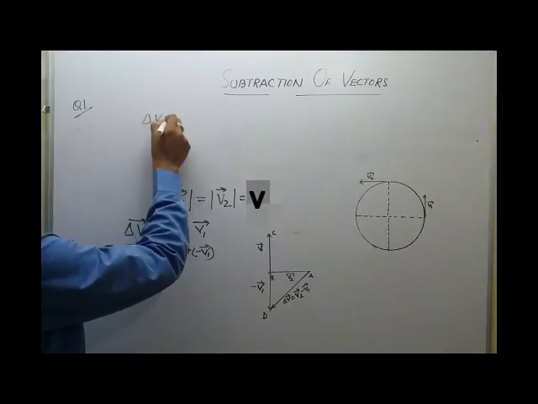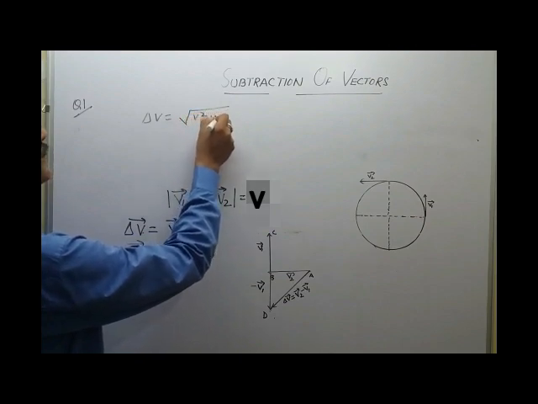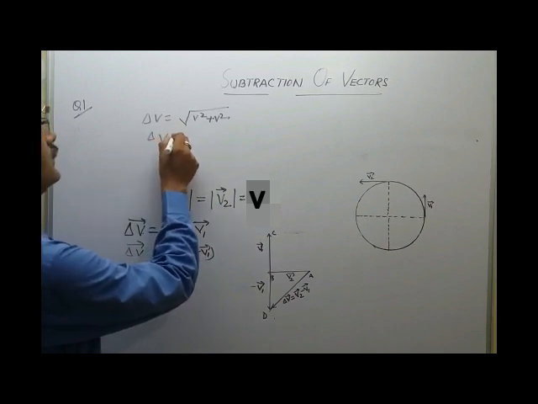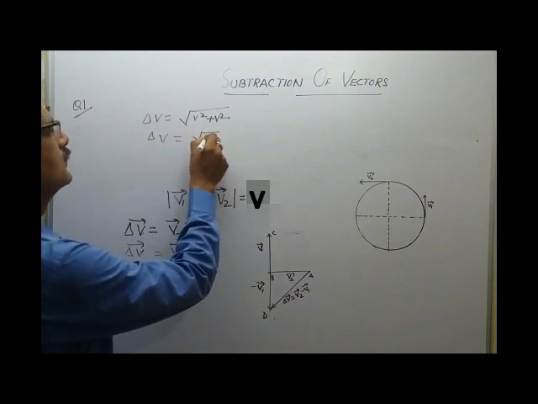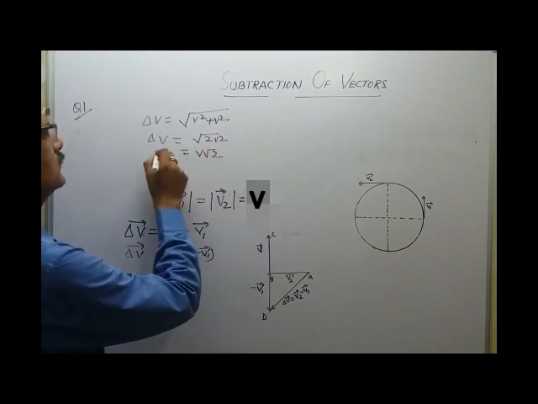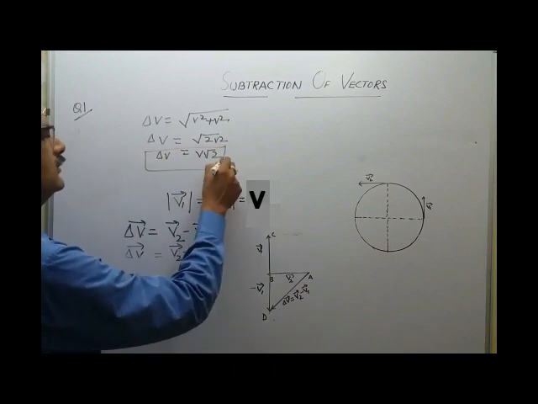Delta V equal to square root of V square plus V square, that is delta V, that is V root 2. This is the change in velocity.